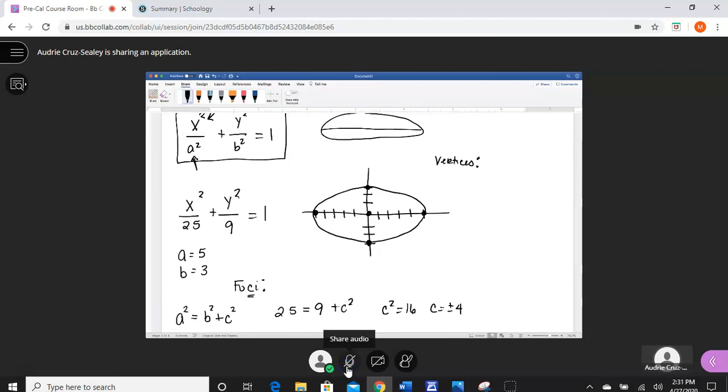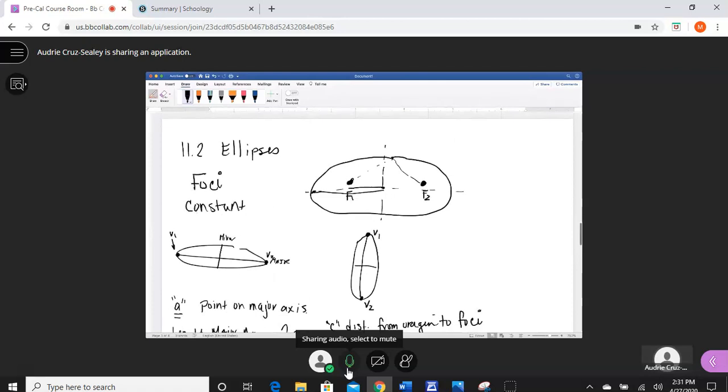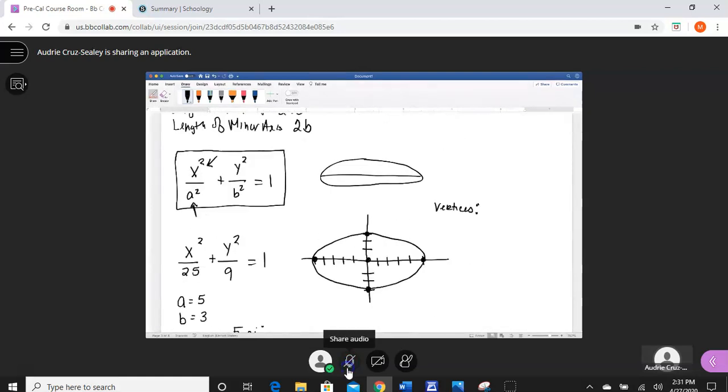What are your vertices? Remember over here, your vertices are only the points along the major axis. So on your work, your vertices would just be negative 5, 0 and 5, 0. Those are your vertices.